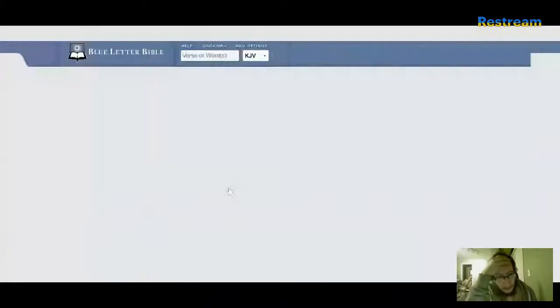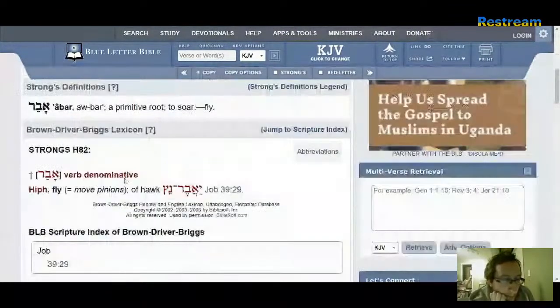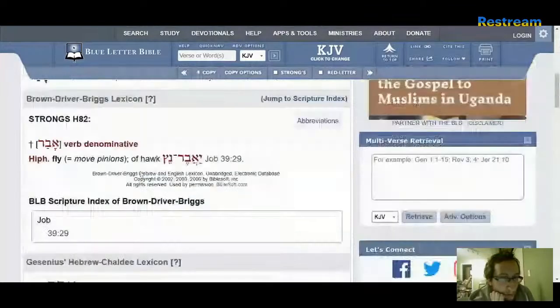Aber is to fly, but it refers to strength, like being able to fly. You have to have strength to fly.